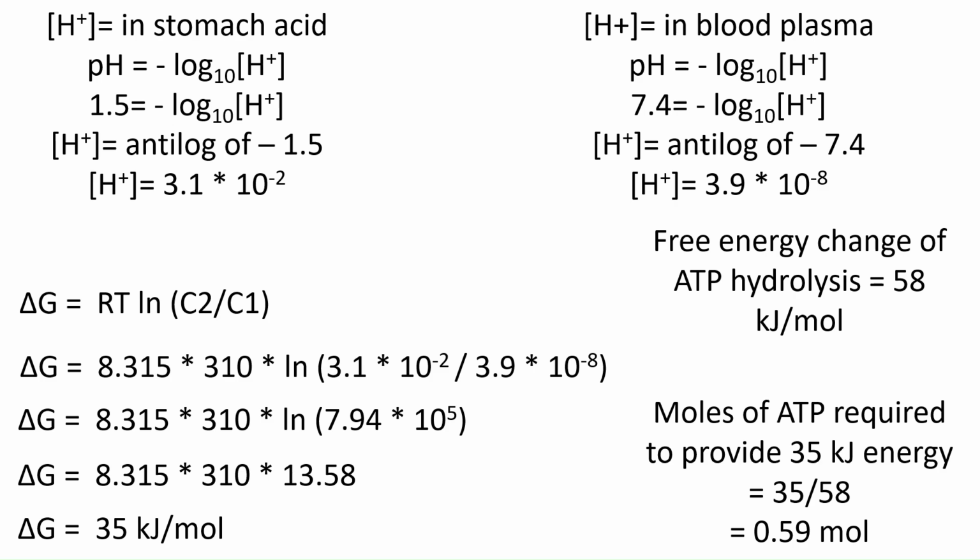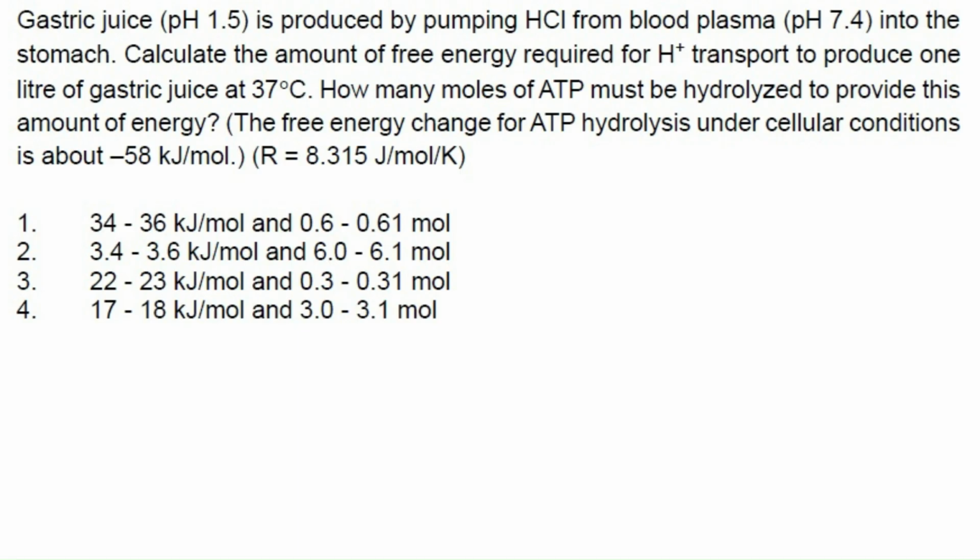Now coming back to the question and looking at the options. Option 1 is 34 to 36 kilojoules per mole and 0.6 to 0.61 mole. Option 2 is 3.4 to 3.6 kilojoule per mole and 6 to 6.1 mole. Option 3 is 22 to 23 kilojoule per mole and 0.3 to 0.31 mole.